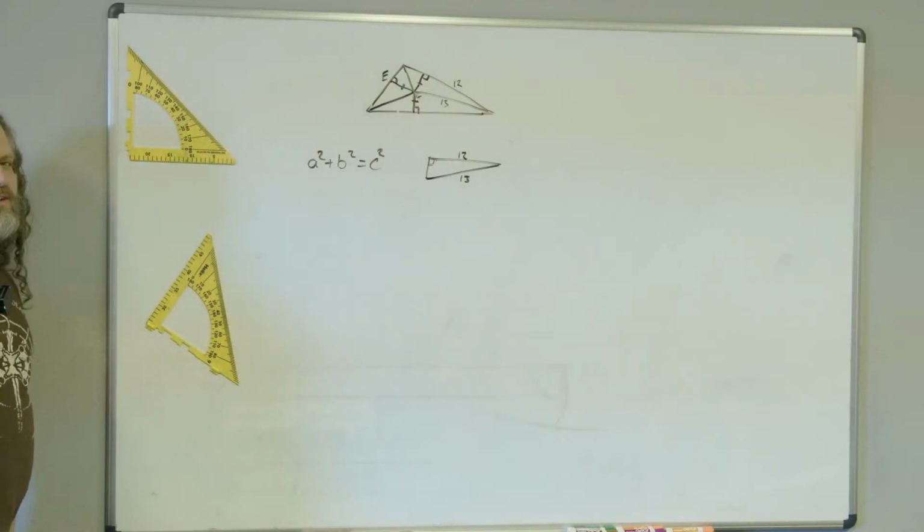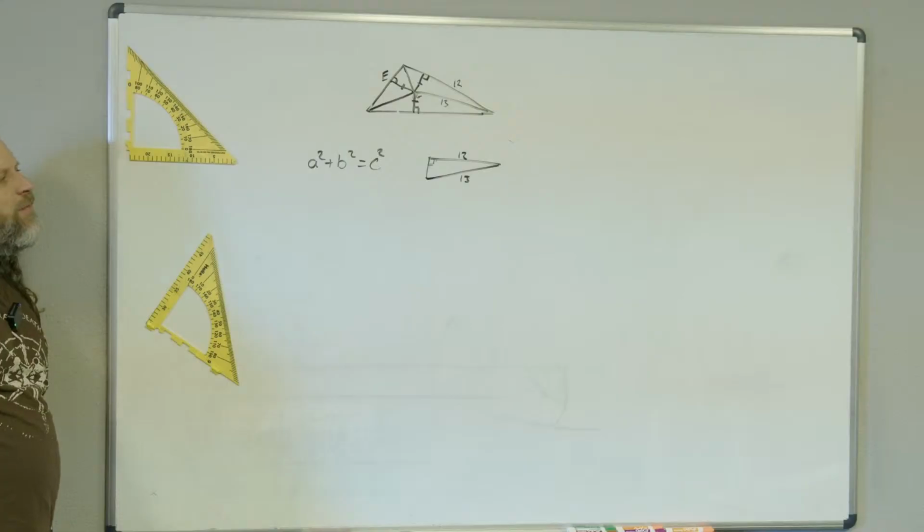Which one are we looking for? A, B, or C? It's somewhat of a hint, but it could be either one of two. There's two possible answers to my question. It's either A or B. Which one is C? How do we know it's C?